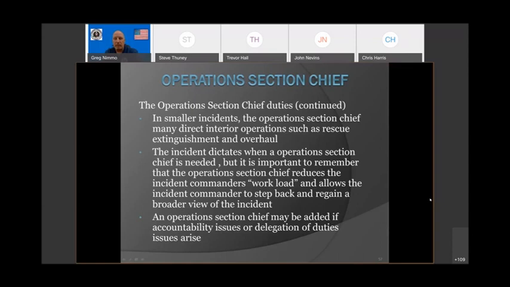So that's how you can manage your personnel on some of that level, but it's best overall if you can get an accountability person to be able to manage that whole incident.